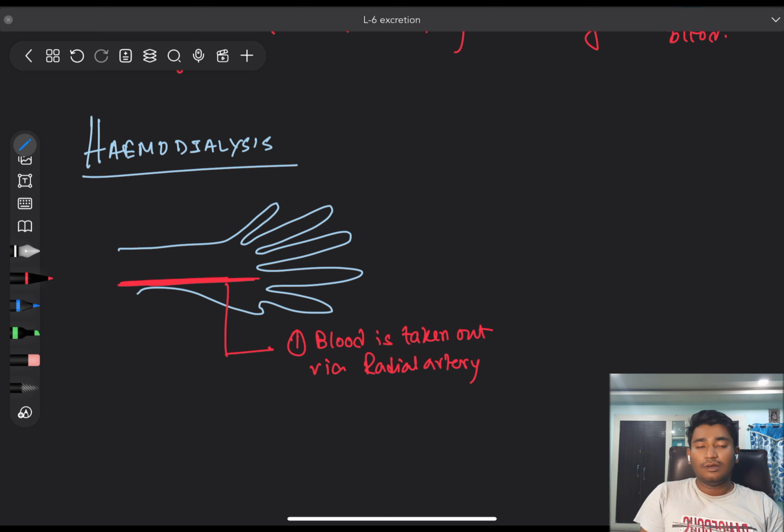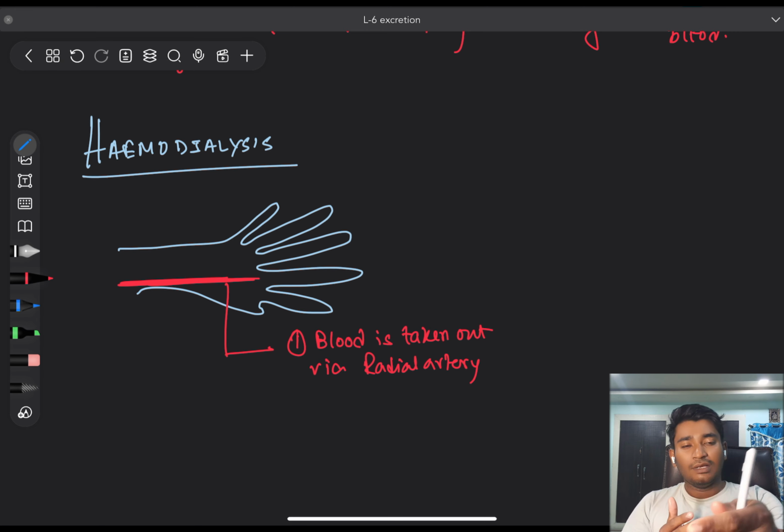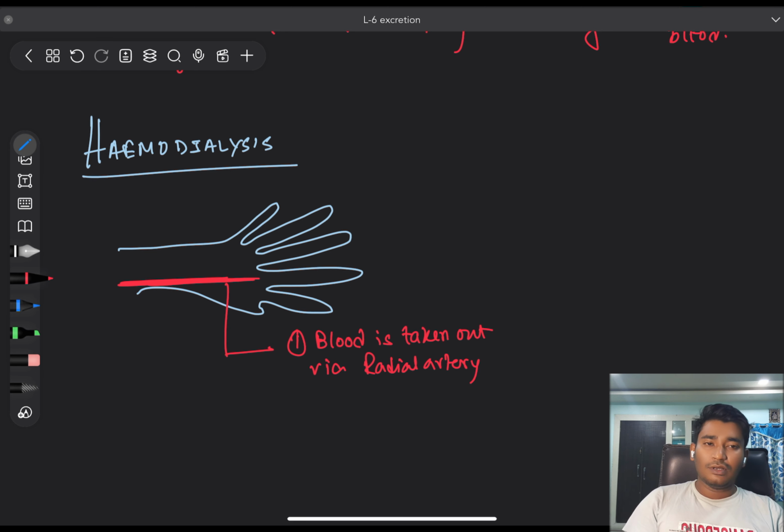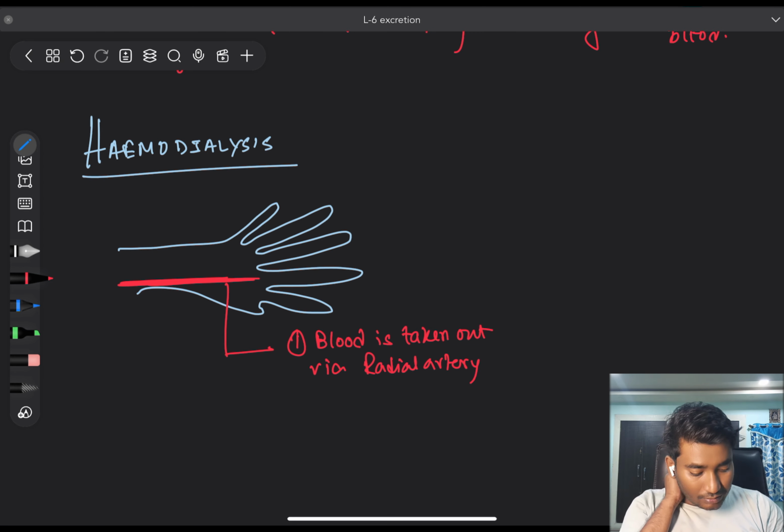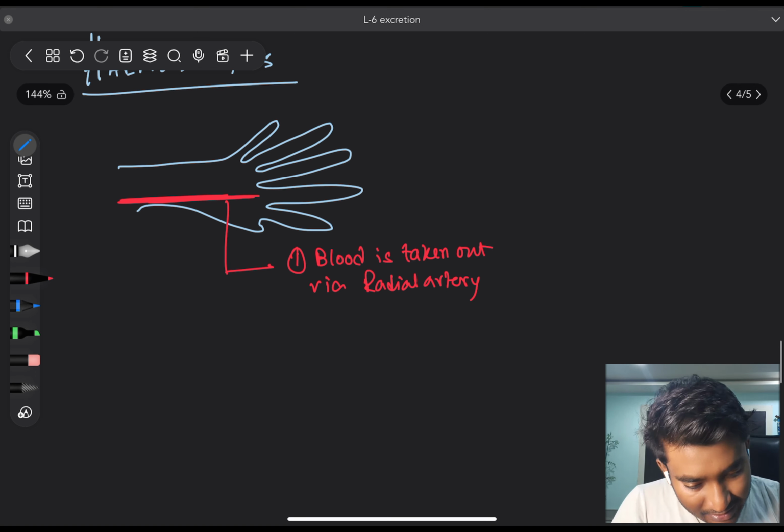But if we anticipate that the patient may require hemodialysis in the near future, we opt for AV fistula grafting, where an artery and vein are connected so that blood can be taken from the radial artery, filtered by the artificial kidney, that is the dialysis machine, and returned through the vein. So a central line is not required in an AV grafted patient.